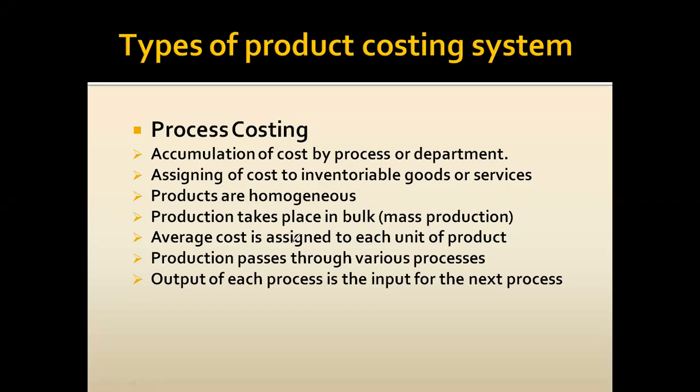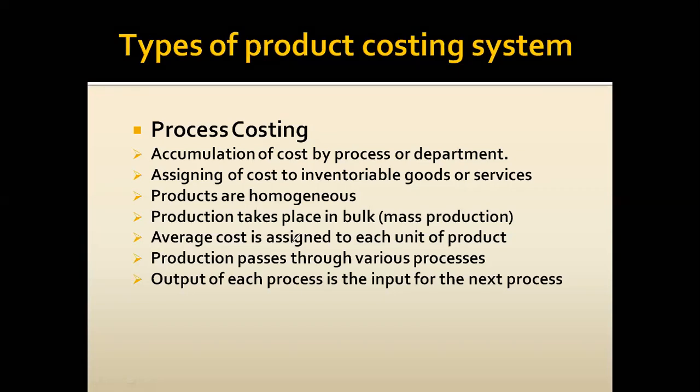Here we are using some sort of average cost, and department wise we are recording the cost. So accumulation of cost by process or department will happen, and we are assigning the cost to inventoriable goods or services, and we are applying this methodology of costing in those industries where we are producing homogeneous products.